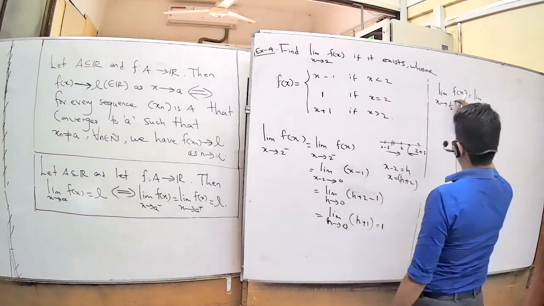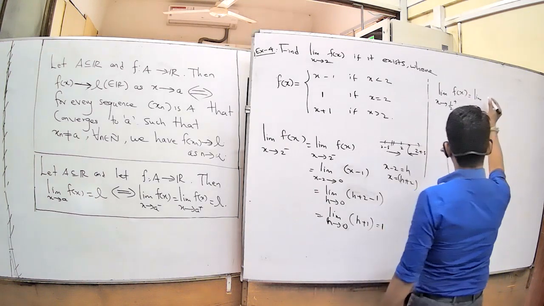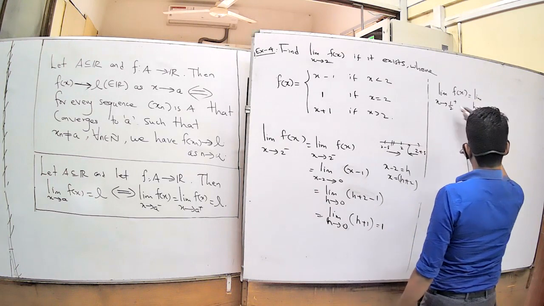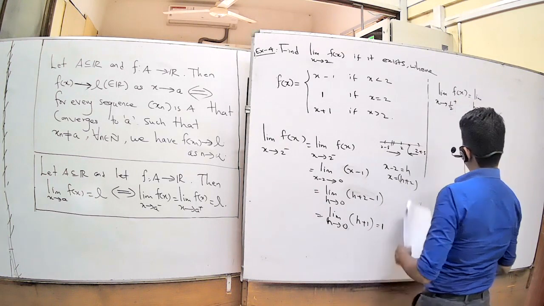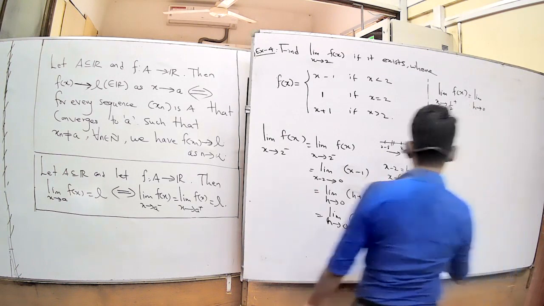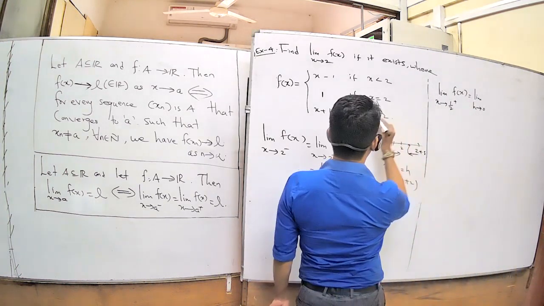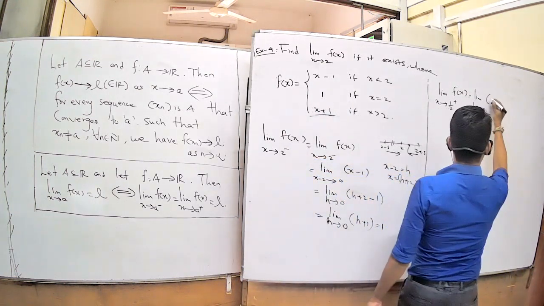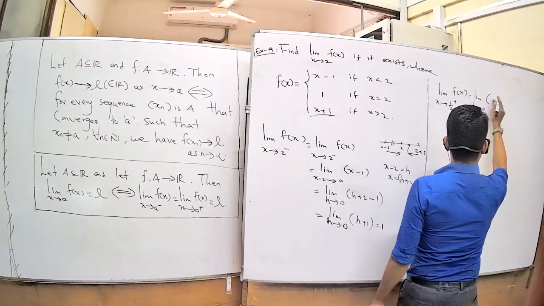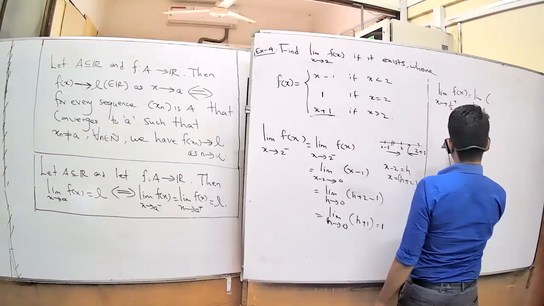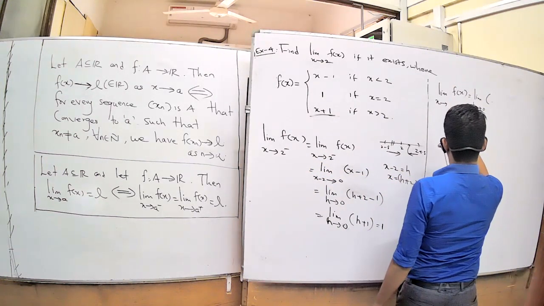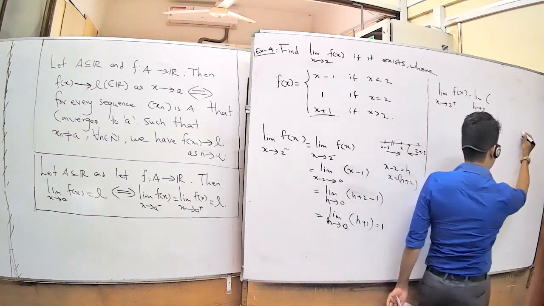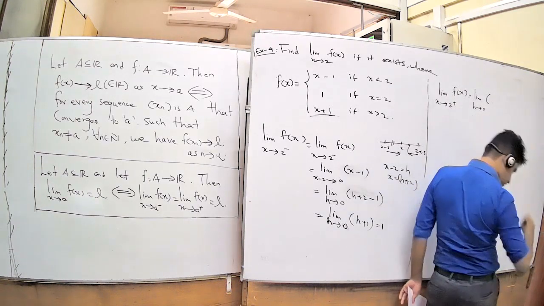Limit of f of x, you put h tends to 0, x minus 2 is h. But here your interval is x greater than 2. Therefore, you want to put x plus 1. Here we can change the variables.